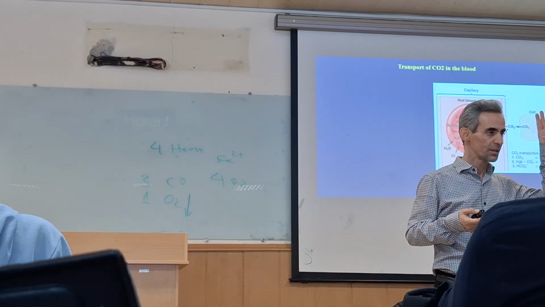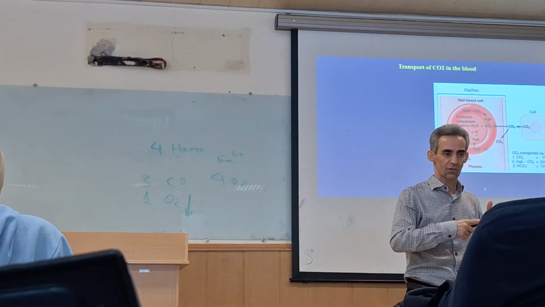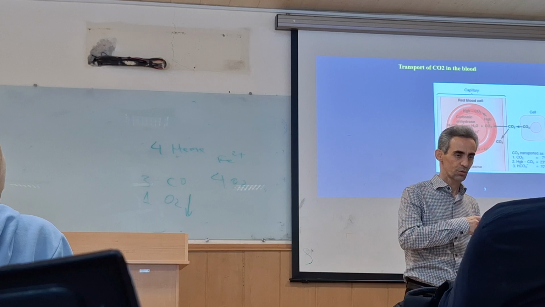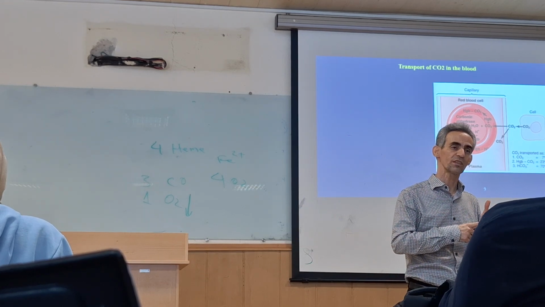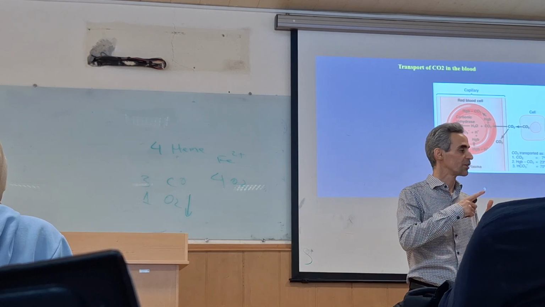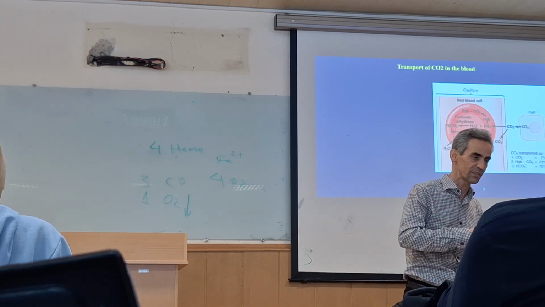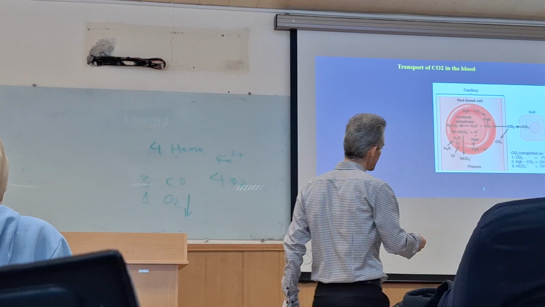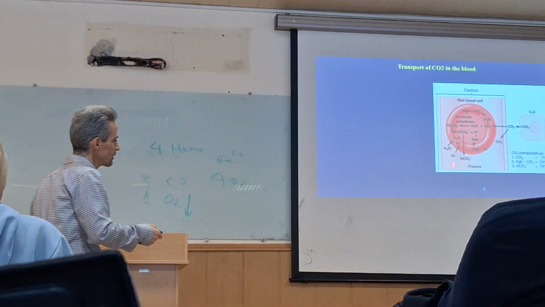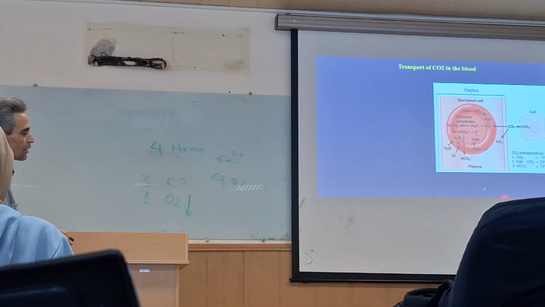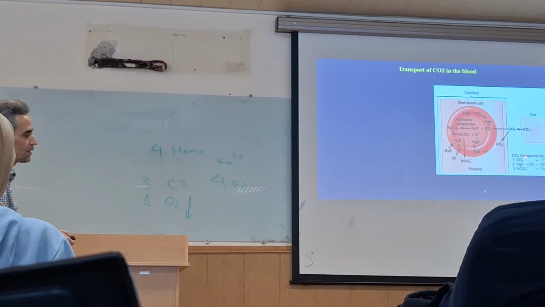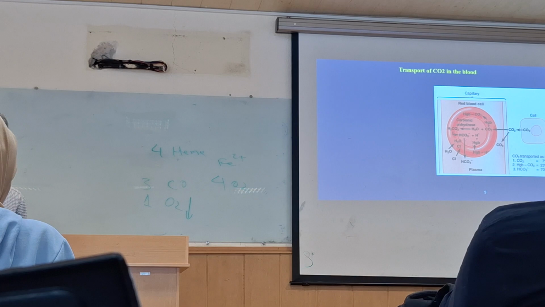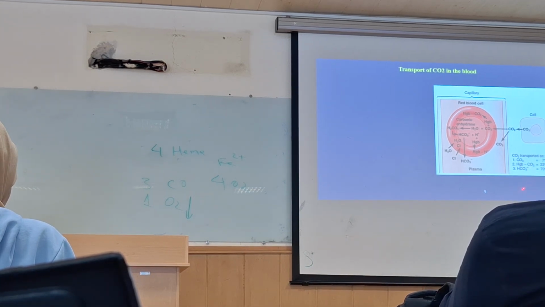You have three names for oxygen, carbon dioxide, and carbon monoxide. Oxygen, oxyhemoglobin. Carbon dioxide, carbaminohemoglobin. Carbon monoxide, carboxyhemoglobin.